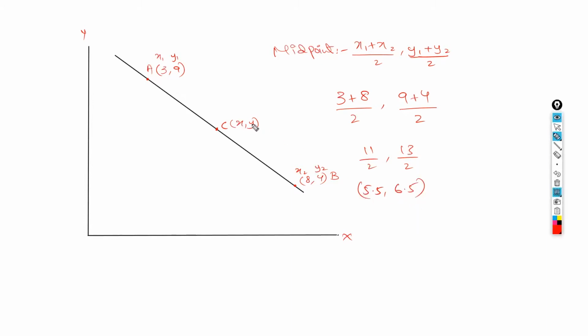So these are your coordinates for C. So 5.5 will be your X and 6.5 will be your Y. This will be your midpoint for this line between A and B. This is what they can ask you in a midpoint question, right?